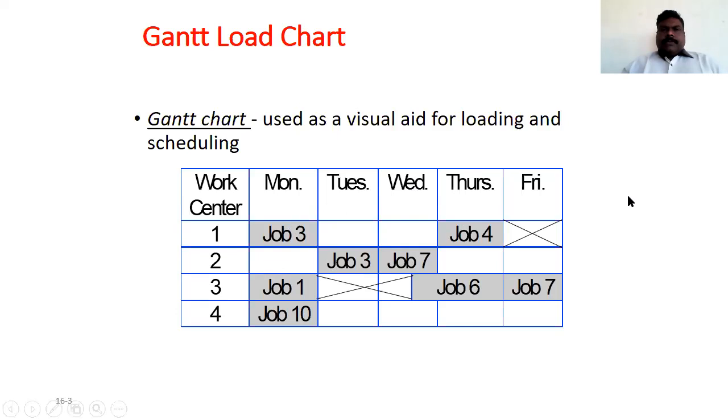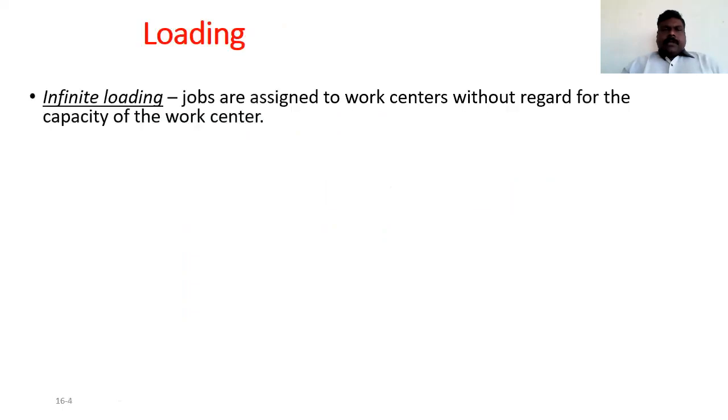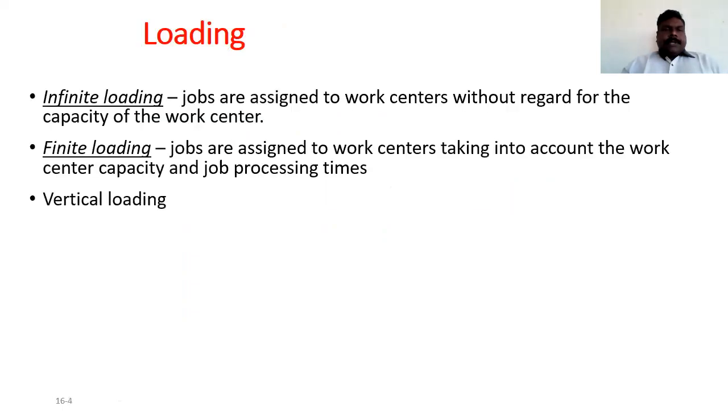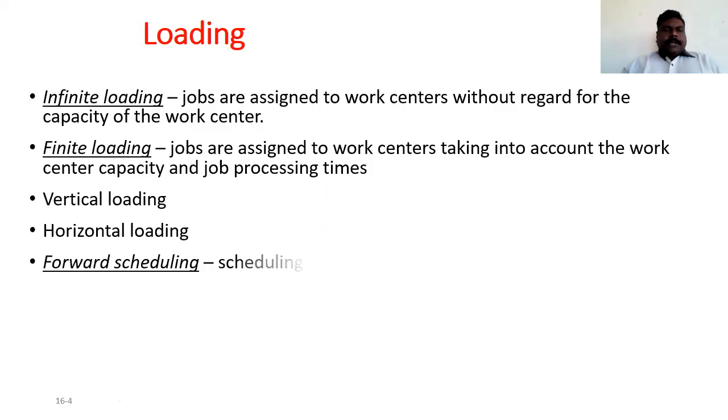So in production, we use a chart which shows how the scheduling and loading will be done. We have types of loading, that is infinite loading, where jobs are assigned to the work centers without regard for the capacity of the work center. Infinite means we are not going to check whether it is capable of doing that work or not. Compulsory, we are going to load it.